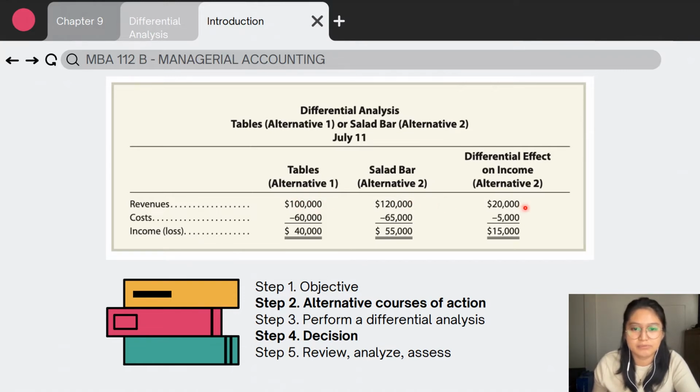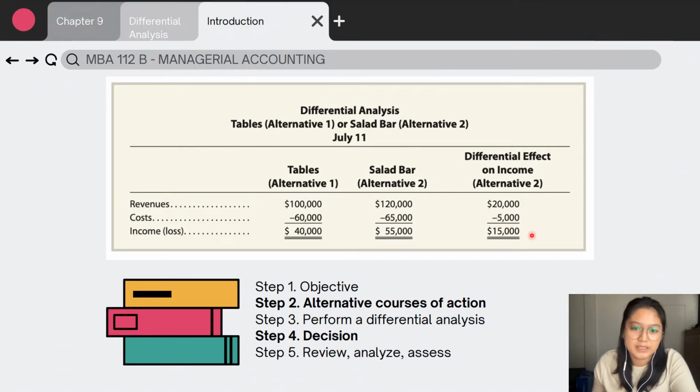That will be our differential revenue of 20,000. Any positive amount is an indication that it is an increase in income. While for the costs, we have 65,000 minus 60,000. So we have an increase in costs, which will mean a decrease in income. So it will be a negative 5,000.